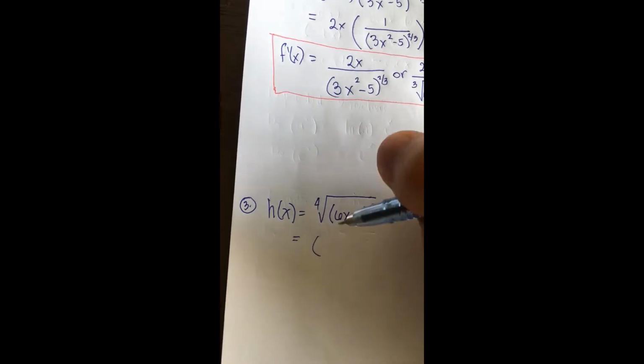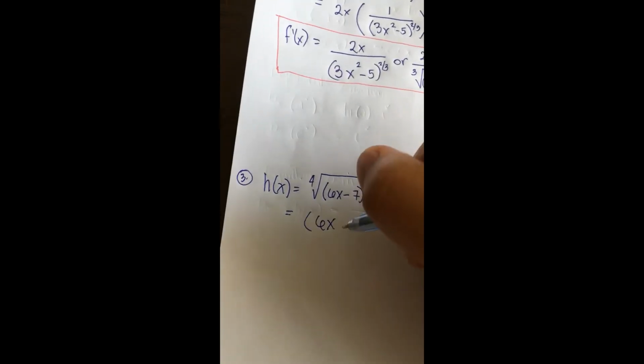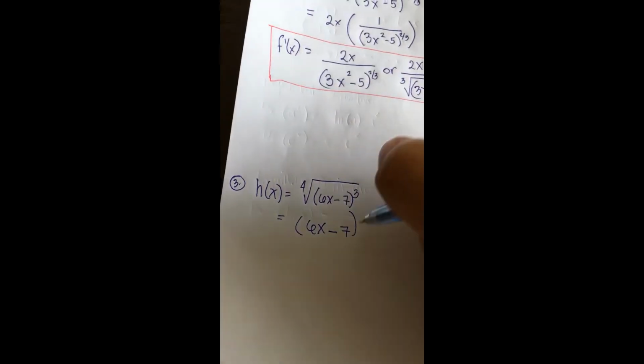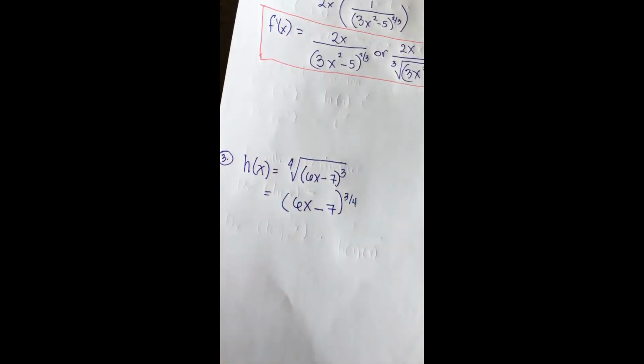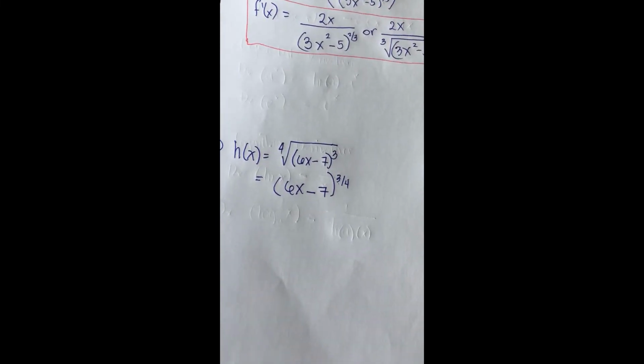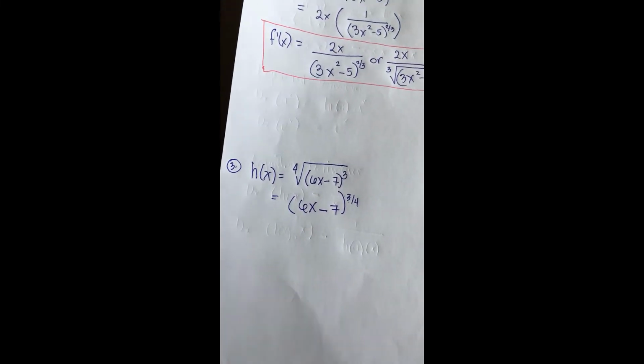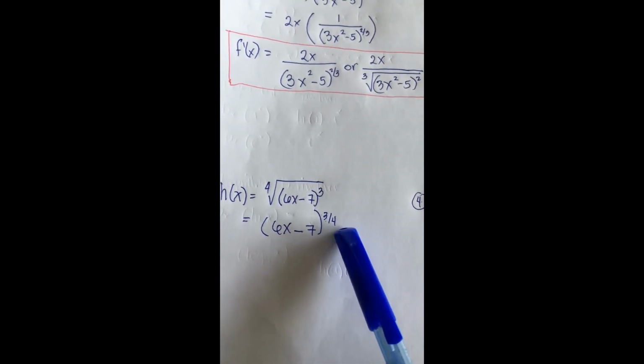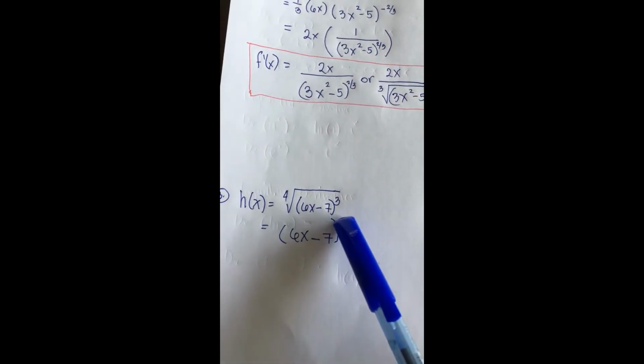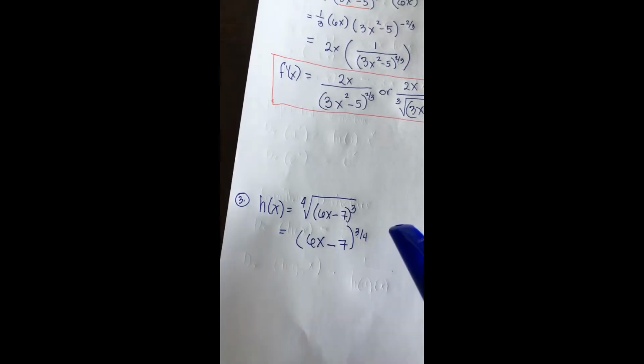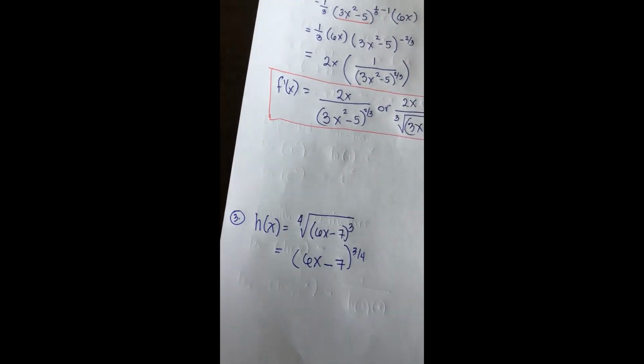So, you have 6x minus 7 raised to 3/4. Okay? Always take note that the index is the denominator and the exponent of your radicand is the numerator of your exponent.